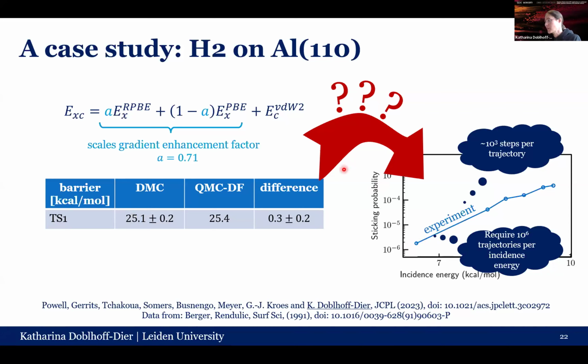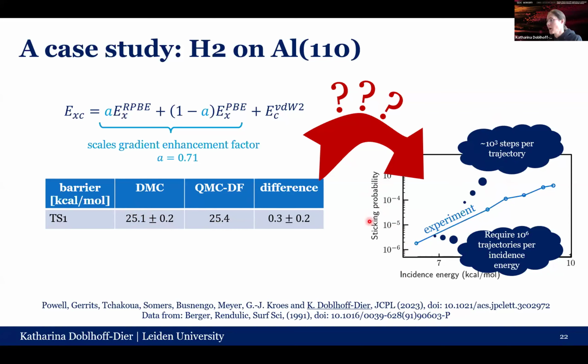But also, this is the way to think. Each of these trajectories needs about 10 to the power of 3 steps or something alike. So here we would end up, thinking brute force, with 10 to the power of 9 DFT calculations that we have to perform to propagate each and all of these trajectories and predict a sticking probability.